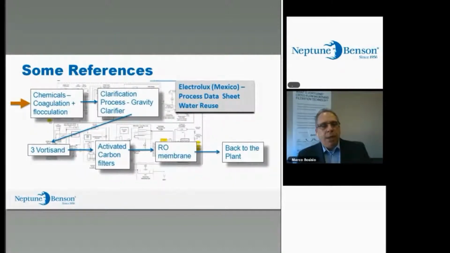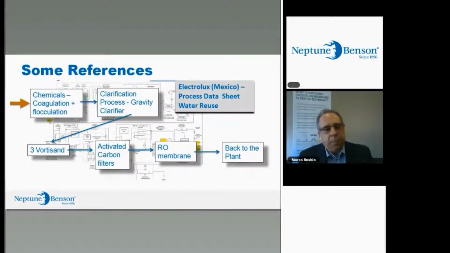This one is a bit more complicated. For example, at Electrolux in Mexico, it's a full chain from the wastewater back to the plant.